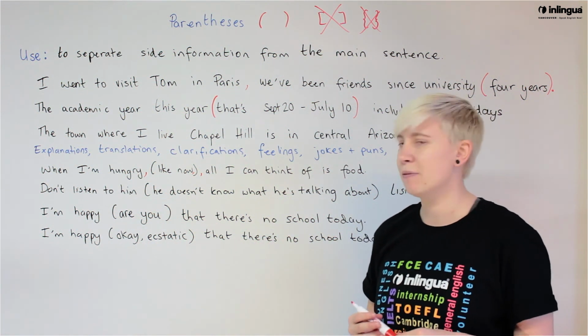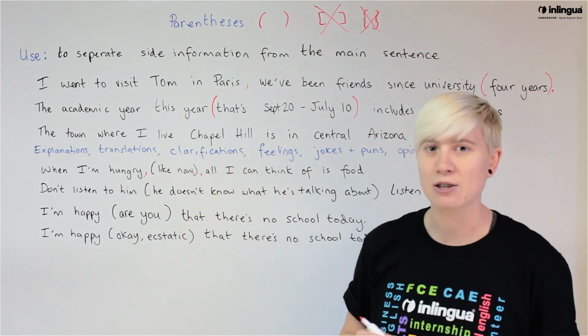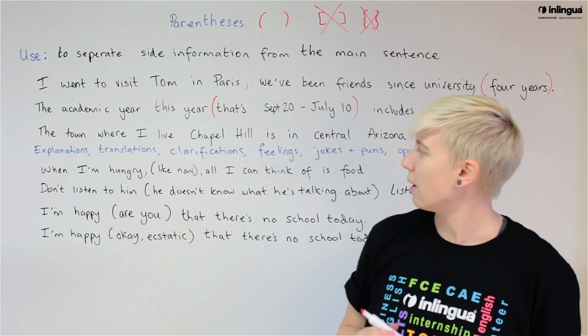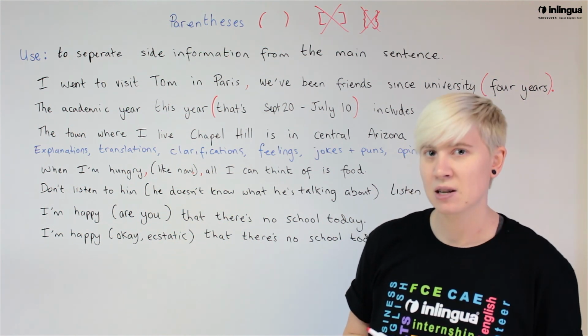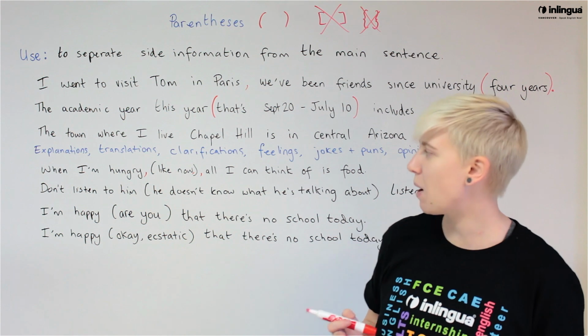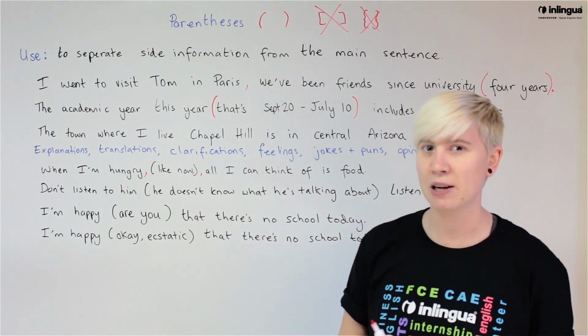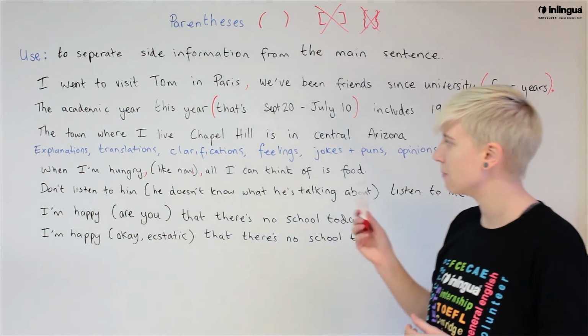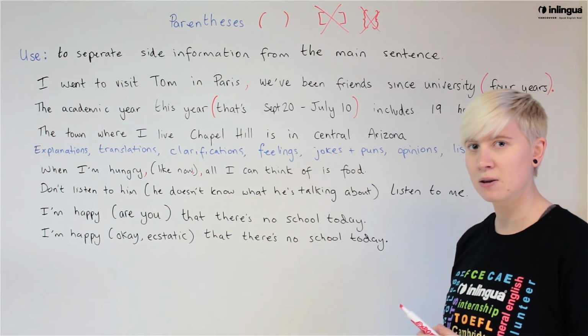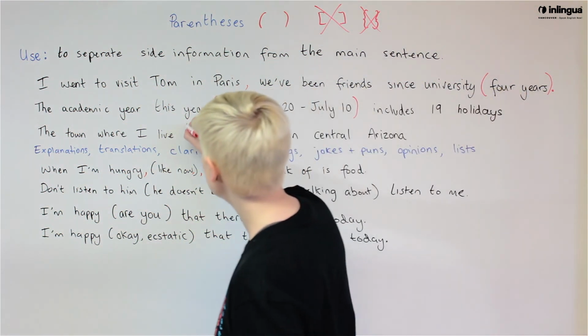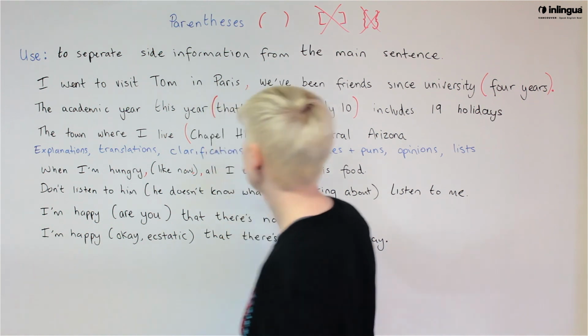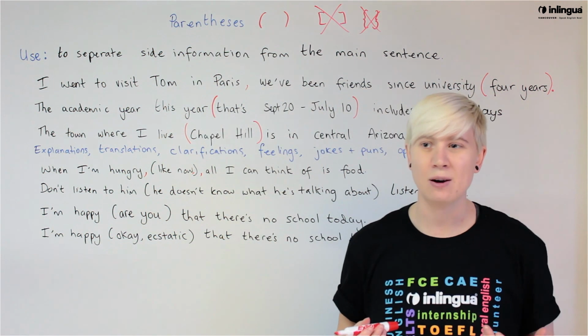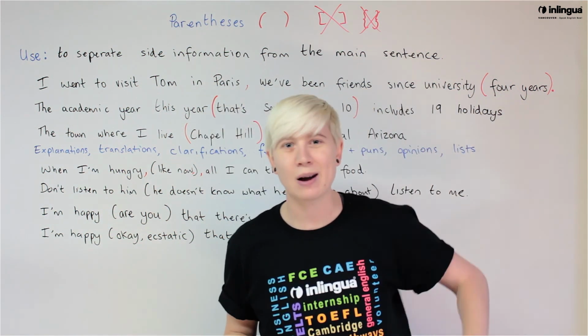So, have a look at the next one. The town where I live, Chapel Hill, is in central Arizona. What is the point of the sentence? Which part can we remove without changing the meaning? Have a look. See what you think. Here, we can take out the name of the town. Nobody knows anything about central Arizona.